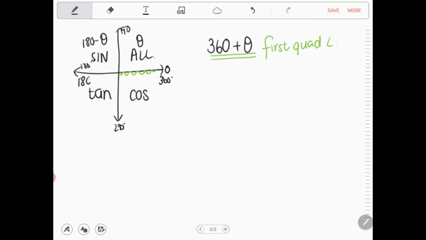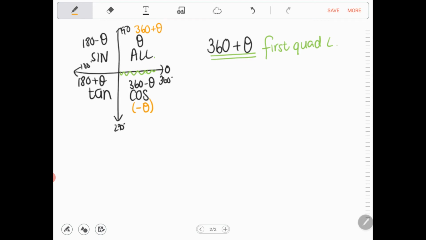This was from yesterday, 180 plus theta, and 360 minus theta. We've now added from the previous page that if it is negative theta, it's also in the fourth quadrant. And now I've just tried to show you that 360 degrees plus a theta would end up in the first quadrant. 360 round plus a little angle of theta would be back in the first quadrant. So we have to remember those two extra now for our CAST diagram. We're adding those two on.